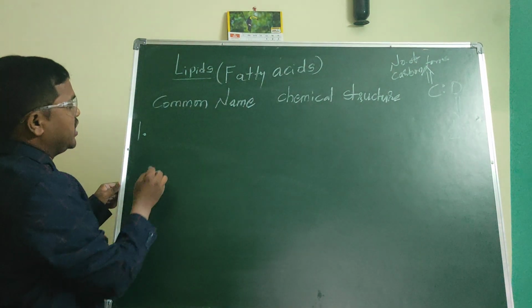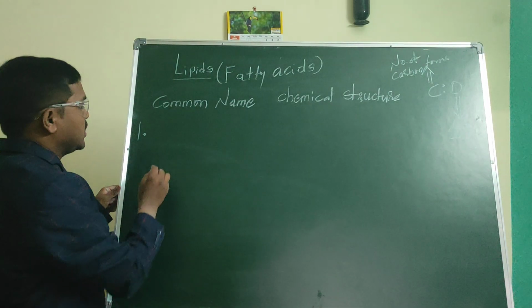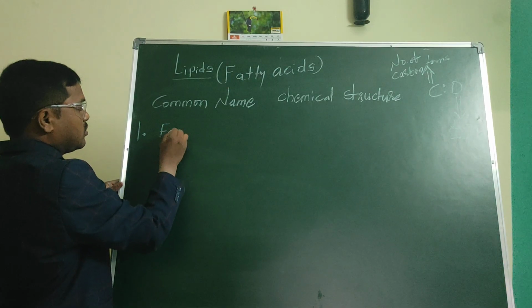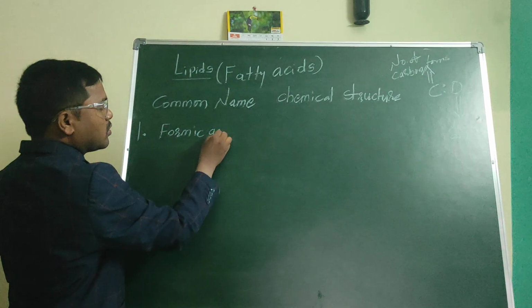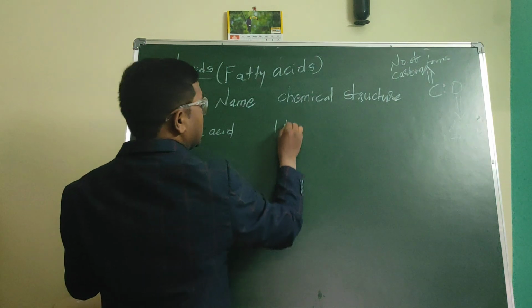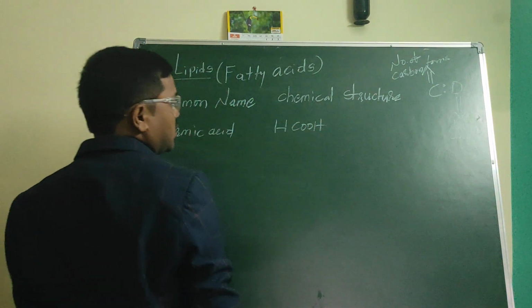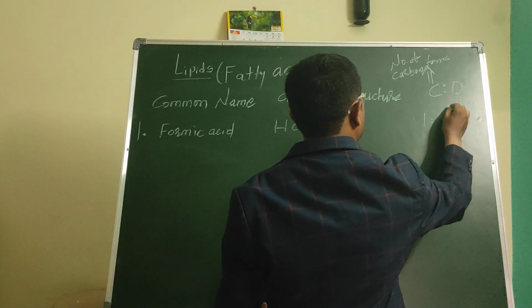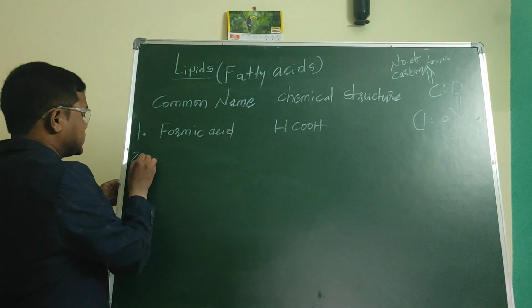First, the common names of some fatty acids. Formic acid, HCOOH, 1:0. Next, methanoic acid.